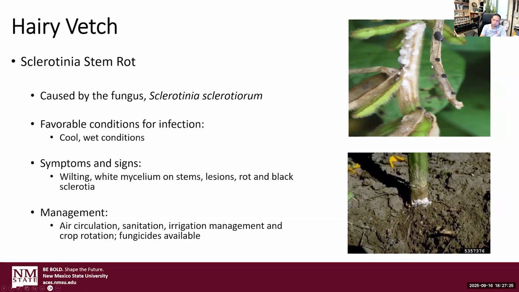These are tightly wound mycelium that can survive in the soil for 20 plus years until you get a susceptible host. To manage this disease: air circulation, sanitation, irrigation management, as well as crop rotation.